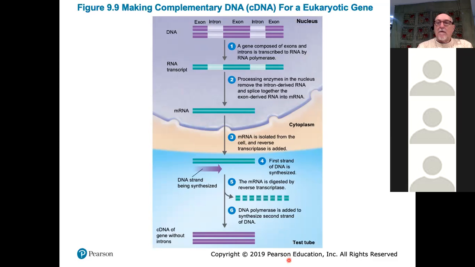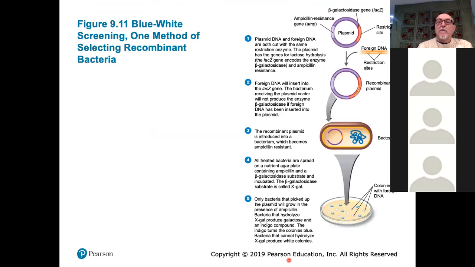Professor, I just had a question about the blue-white screening method. Yes. I understand the part where the ampicillin resistance gene would help with the selectivity because it would not grow otherwise, right? If it didn't take that up. Correct. The part that's a little foggy for me is with the blue and the white colonies.